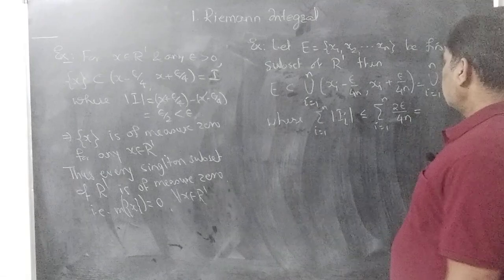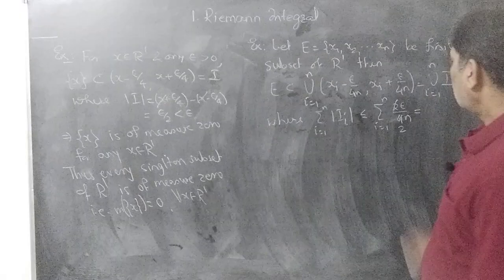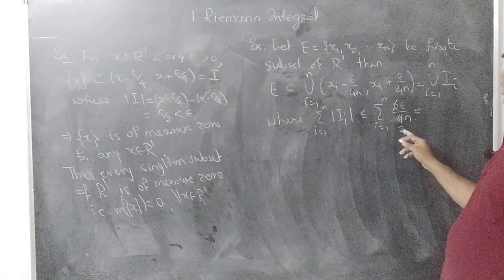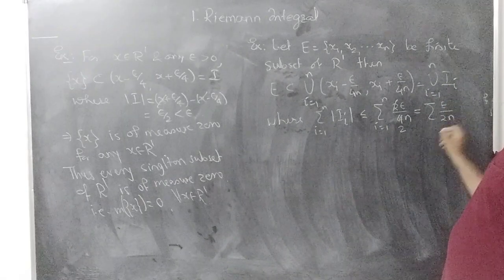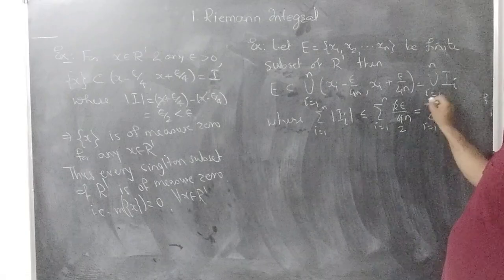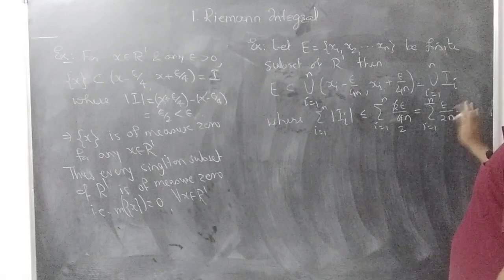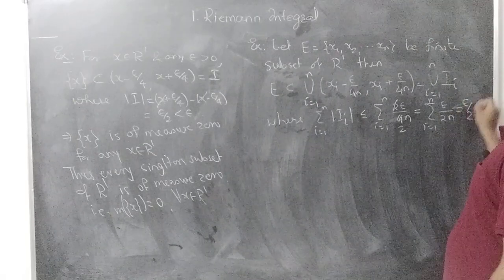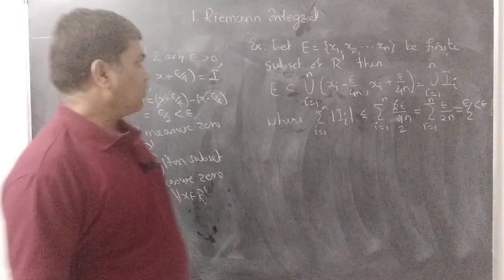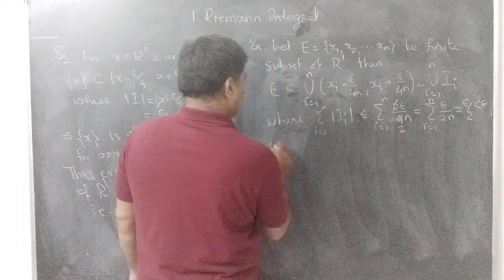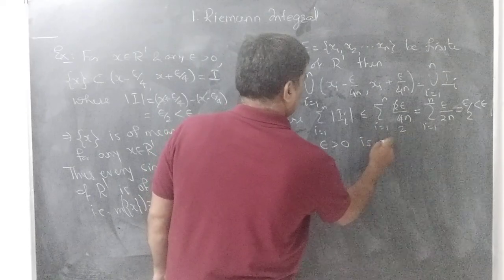The 2 gets cancelled, so each length is epsilon upon 2n, and n times this gives epsilon by 2, which is less than epsilon, where epsilon greater than 0 is arbitrary.